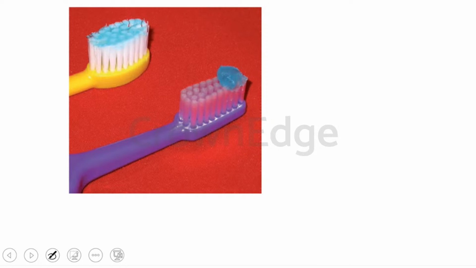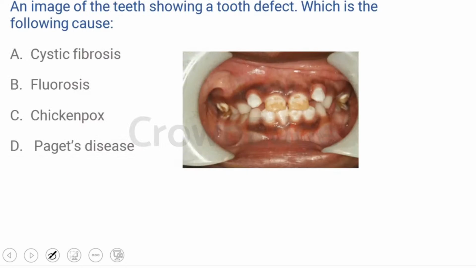Okay. So the yellow toothbrush is the smear-sized or rice grain-sized amount of fluoridated toothpaste that is dispensed. Okay. The purple toothbrush shows the pea-sized amount. Now, this pea-sized amount is what is recommended for a child from 4 years to 7 years and above. Okay. Let's move on to the next question.